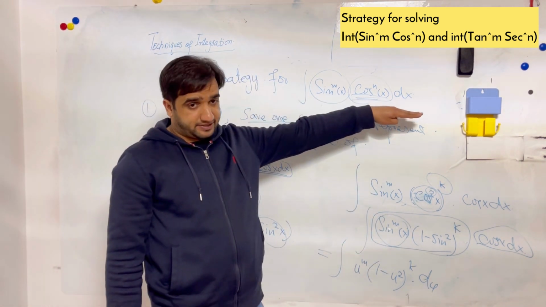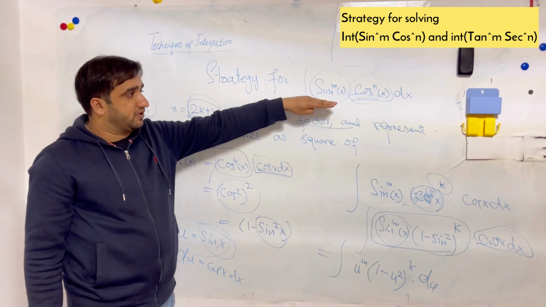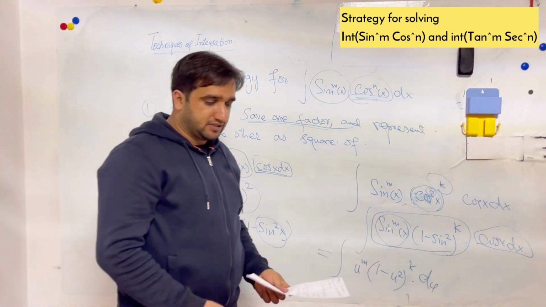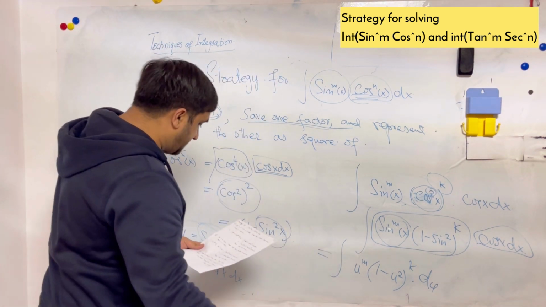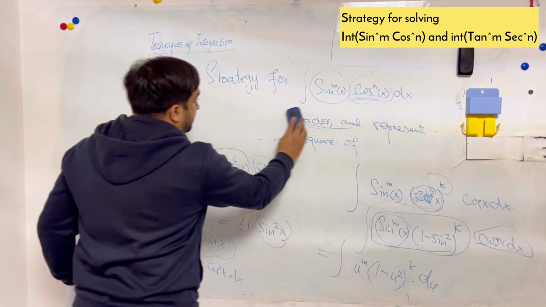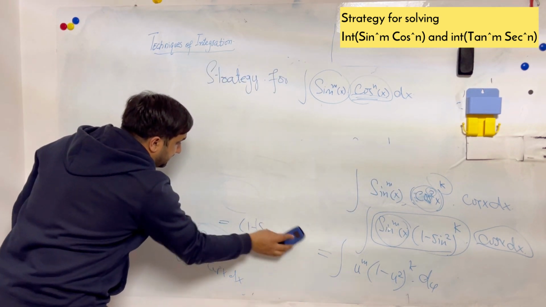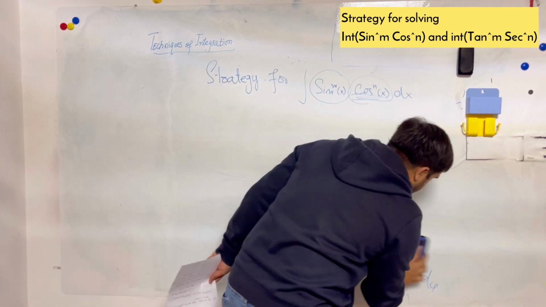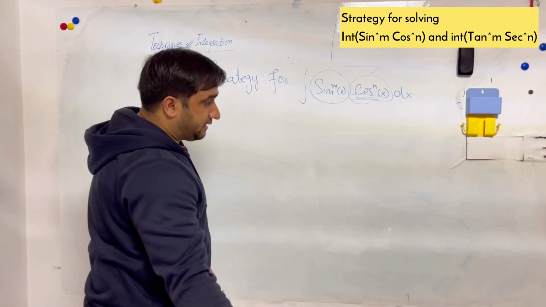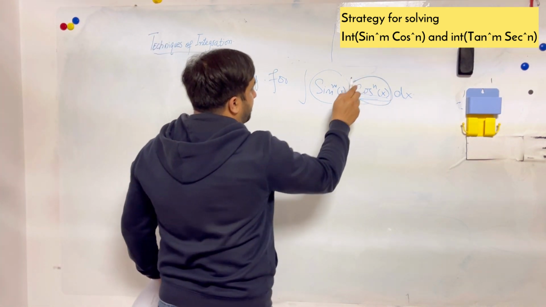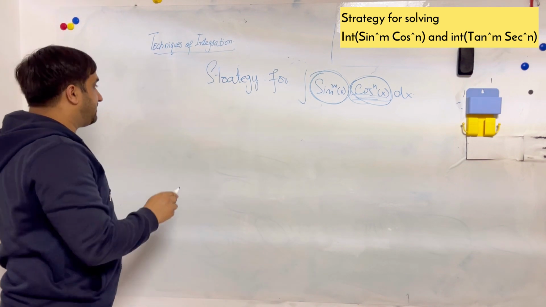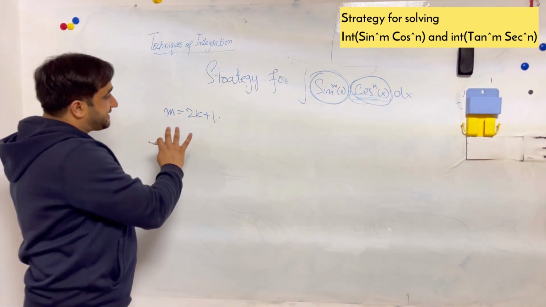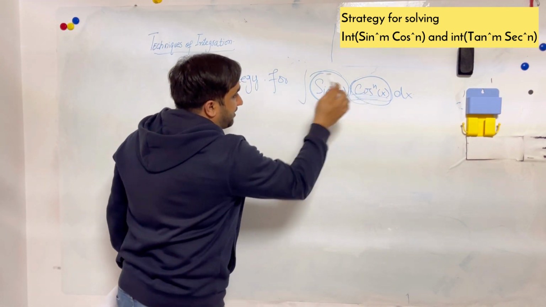So you see, everything we can reduce in terms of u. If you have this kind of expression, a moment before we solved one question similar to it, but now we are talking about the general pattern for doing such stuff. Instead of cos, if the power of sine is an odd number, 2k plus 1, then do the same thing with sine and keep the cos.